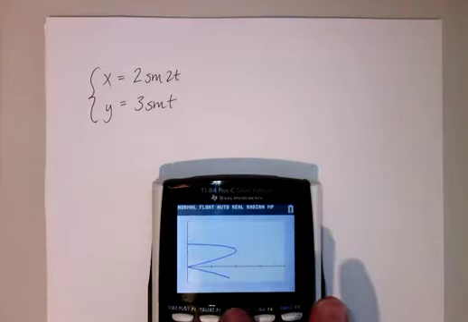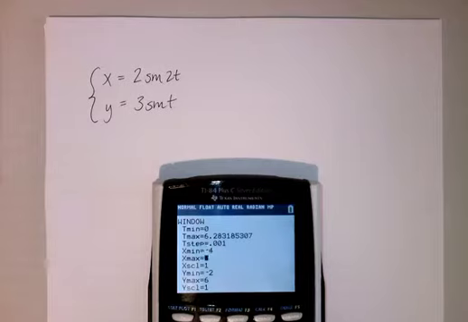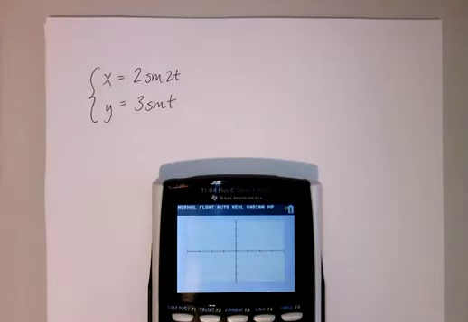Actually, let's go to the window and let's say -4 to 4, with a step of 0.001. Okay, that's actually probably a little too slow in terms of the window.